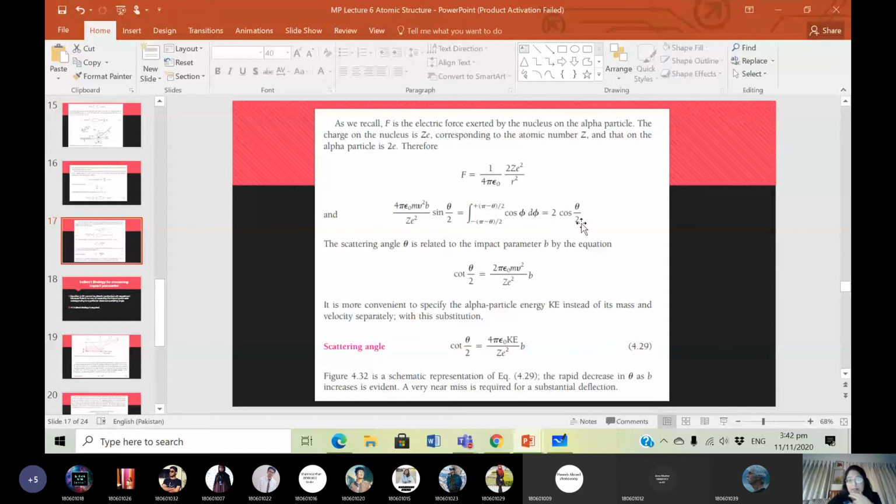इसको बस integrate करेंगे ना. Cos phi becomes sine phi, right? And then you just put the values in there. It'll become sine theta minus pi over 2 minus sine minus pi minus theta over 2 हो जाएगा ना.